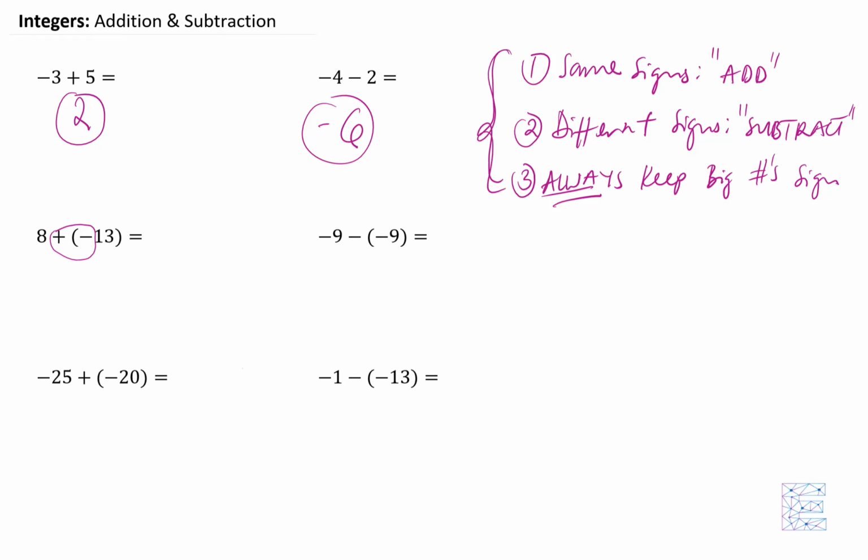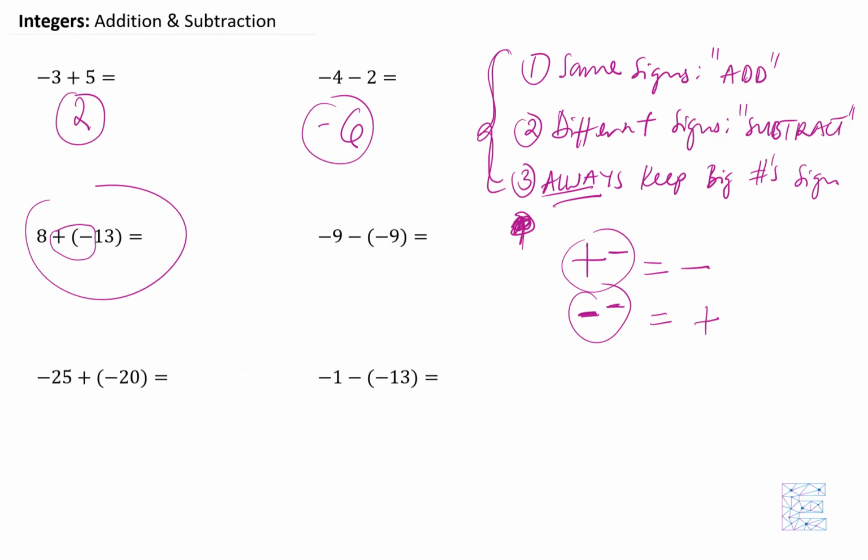So let me just remind you, anytime you have a positive sign right next to a negative, it becomes a minus. And every time you have a negative right next to a negative, it becomes a plus. So before we can go into these 3 rules that we came up with up here, we first of all have to clean up any adjacent signs that we have.